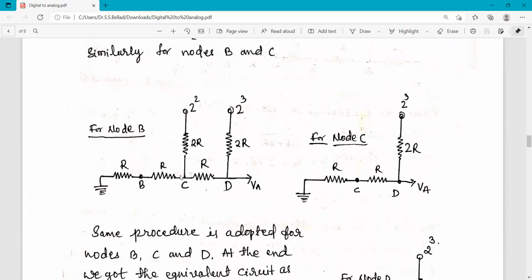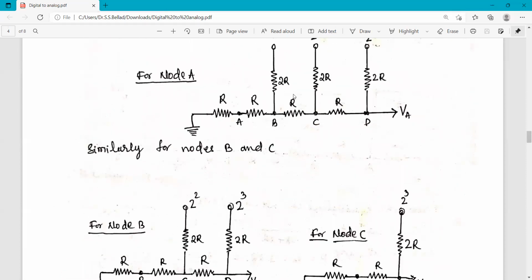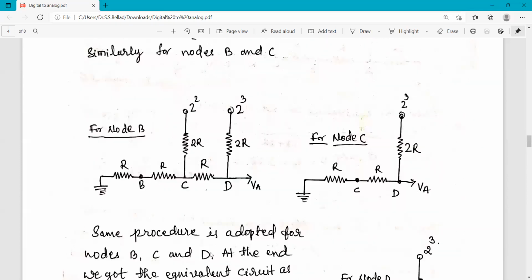Now you move to node C. This R is in series with the resistor R which is here, so the effective resistance of these two is 2R, and this is 2R. The 2 raised to 2 bit is also grounded.